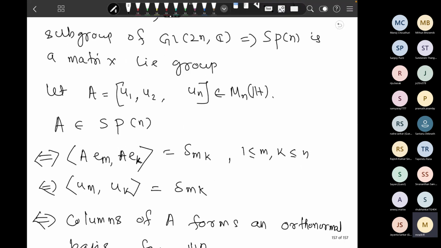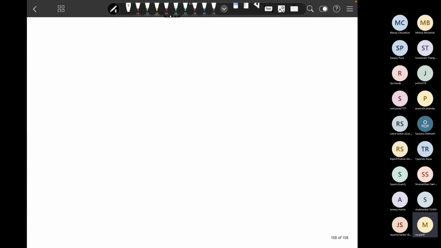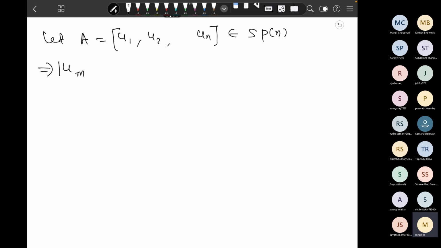Now let A be equal to (u_1, u_2, ..., u_n), which belongs to Sp(n). I told you that the norm on H^n is 1, and this is the same thing as saying that the R^{4n} norm is equal to 1.